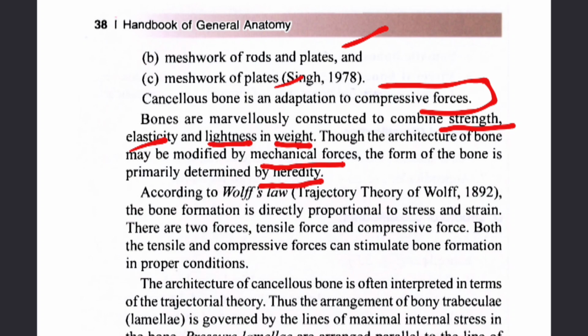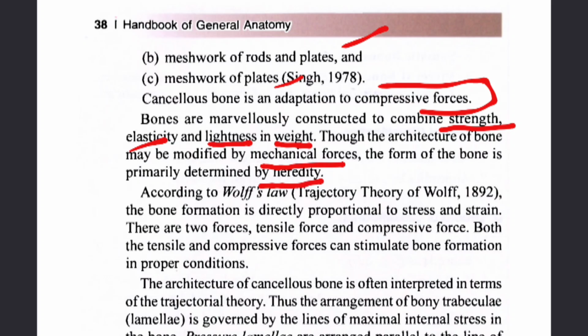So what this line is telling you is that structure may be modified by mechanical forces. As we studied, bone is a living tissue, it can modify according to adaptation, but the form of the bone is primarily determined by heredity, what you are getting from your DNA, your genetics.